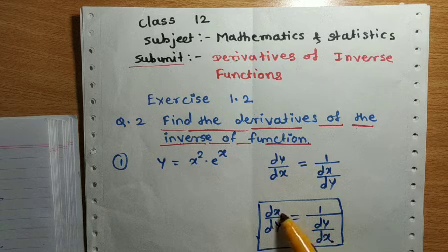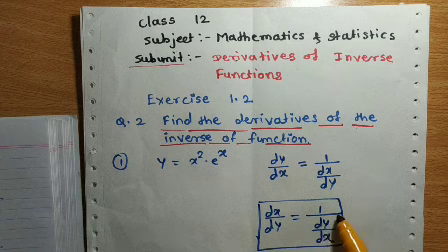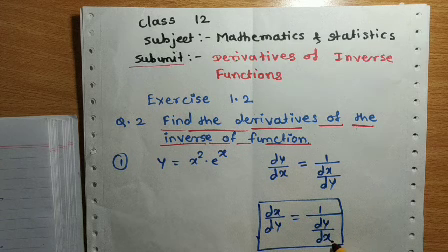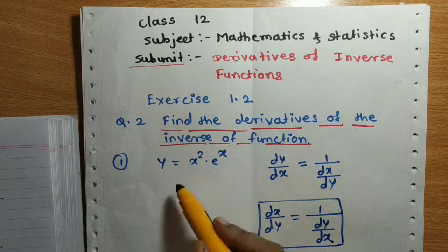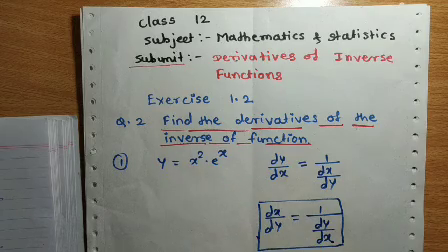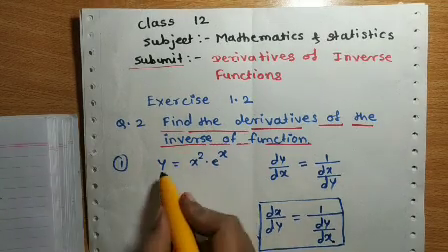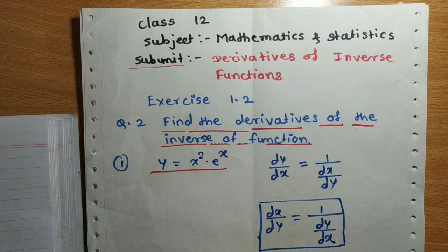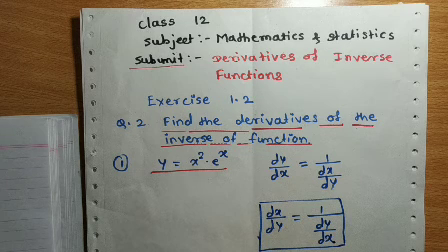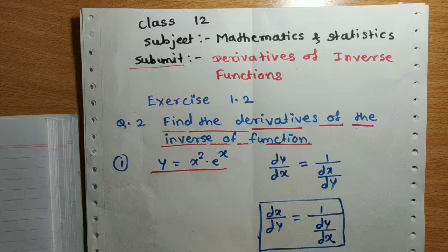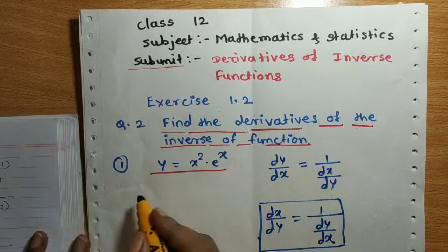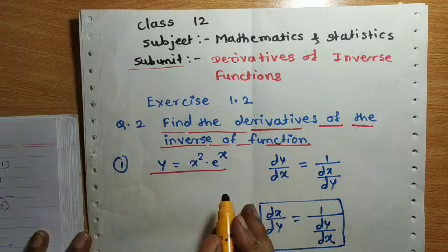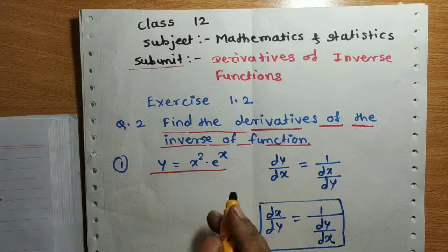Therefore, we write dx upon dy is equal to 1 by dy by dx. Finally, we find this in such a way. First example is y is equal to x square into e raised to x. First we have to find the derivative of this y with respect to x.